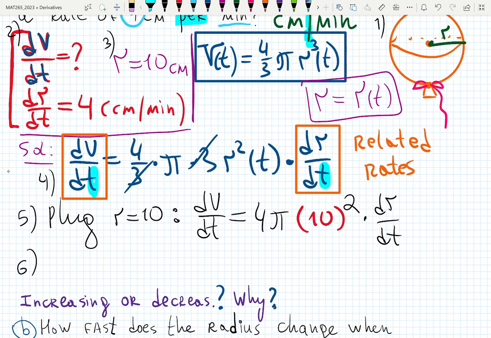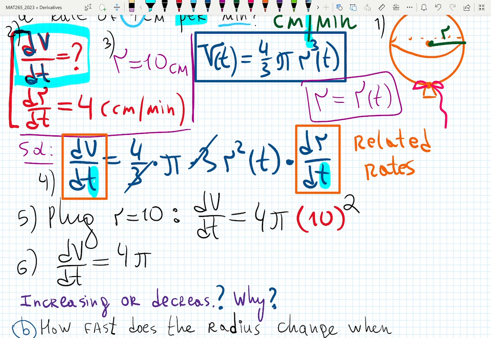I know that they're asking me to find dV/dt. Okay, that means it's the left-hand side. dV/dt is the one I need to find. So 4 pi. Actually, that's kind of an extra step. Instead of dR/dt, why not plug in 4 times 4? Let's not have extra steps, I just realized.